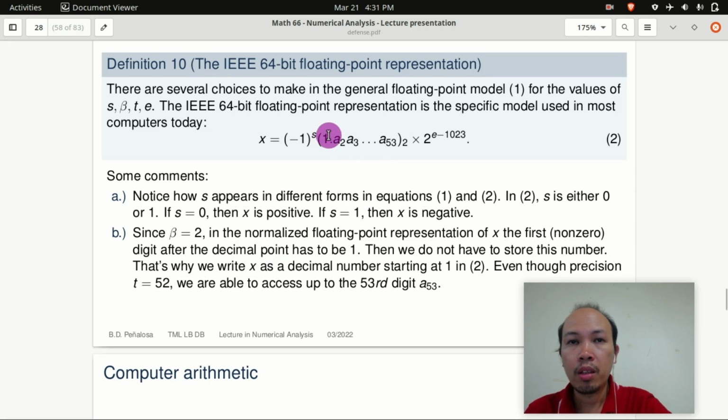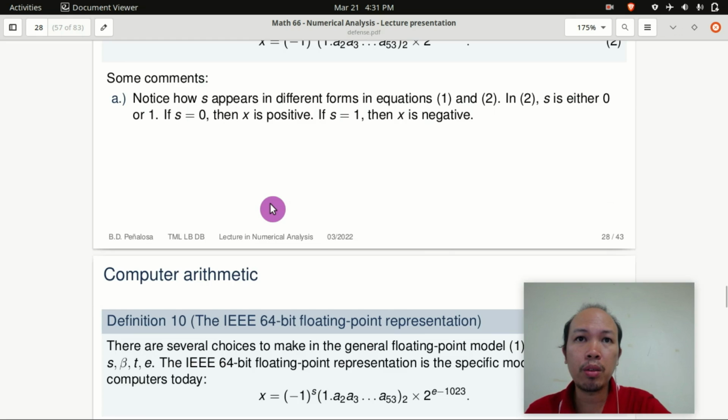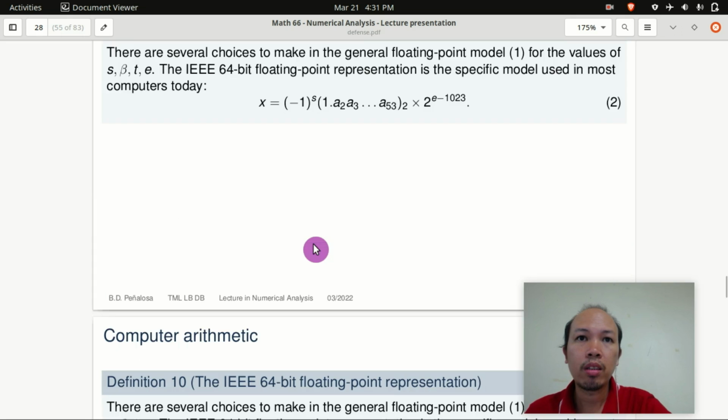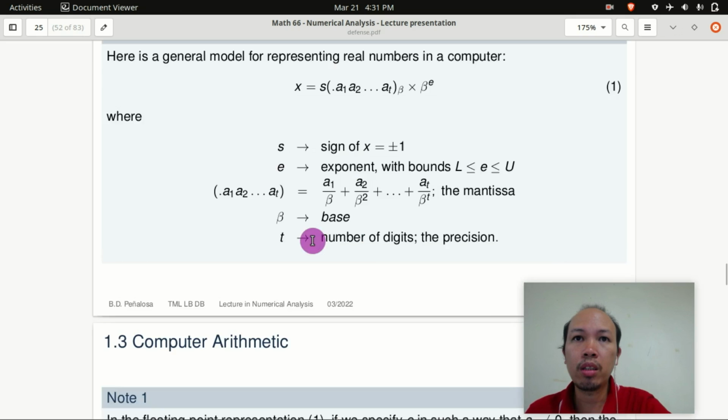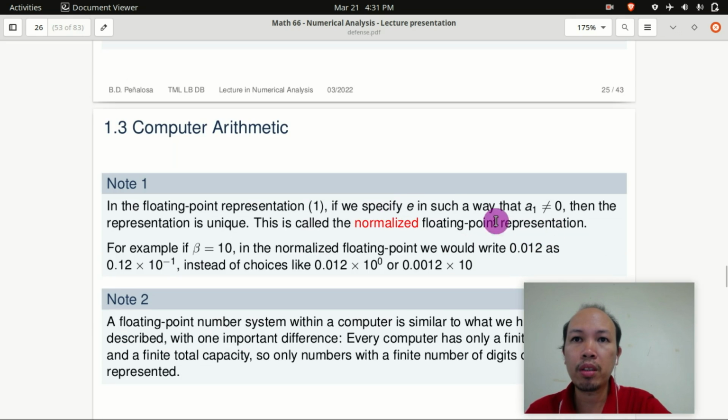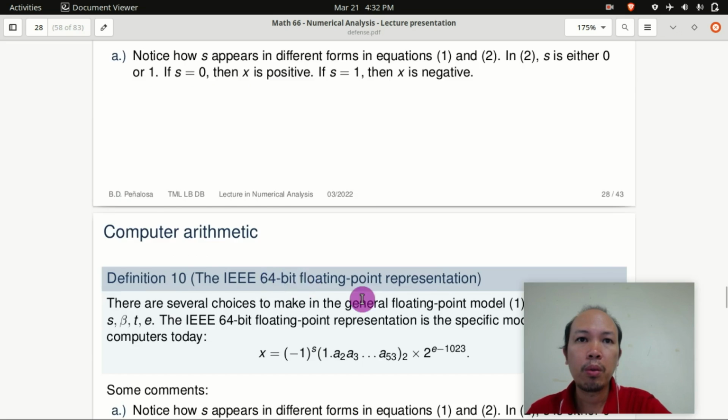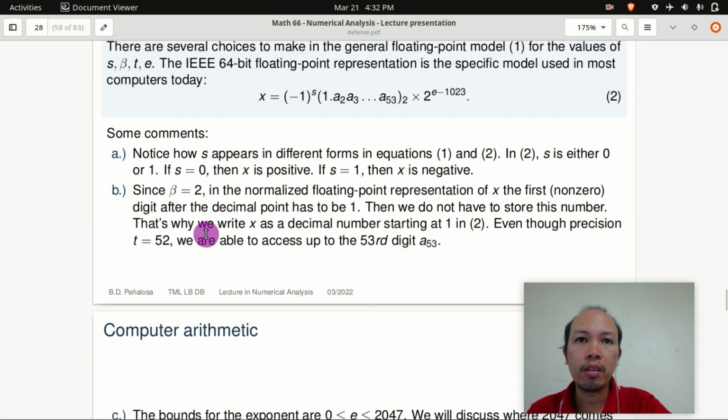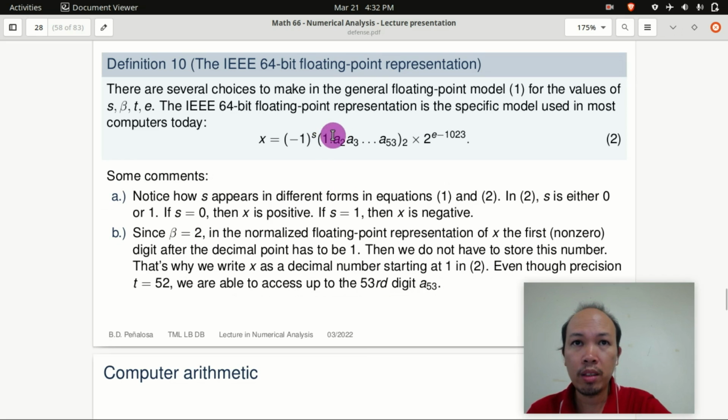It cannot be 0. The reason for that is based on our definition of the normalized floating point representation of a number x. It should be unique. So the first digit, this one e sub 1 here, must not equal 0. So that's the reason why there is a 1 in the formula. Okay, formula number 2.